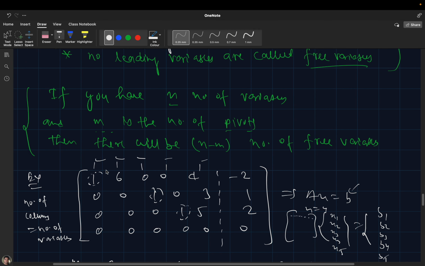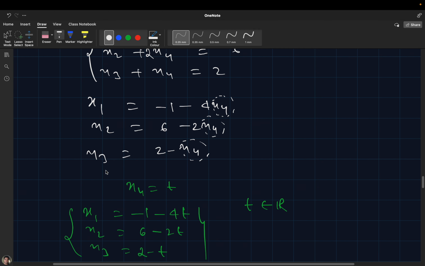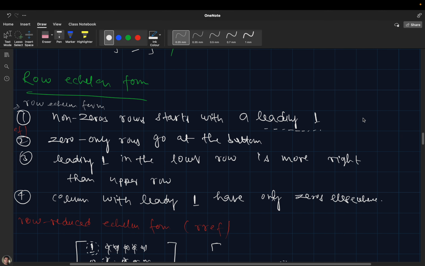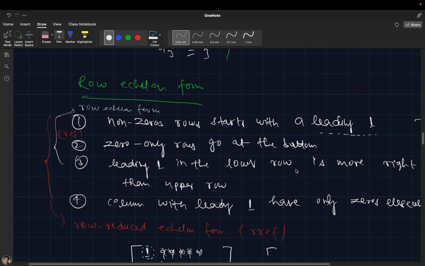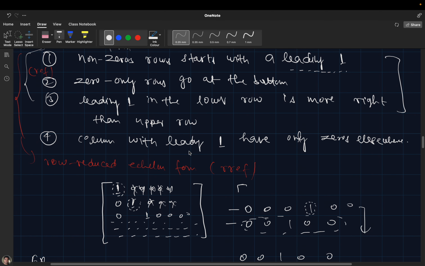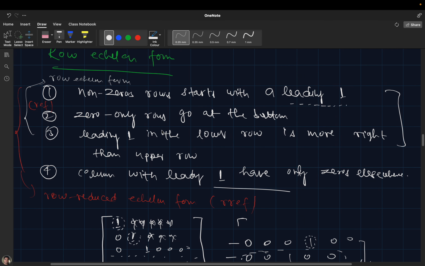But if you are meeting only the first three conditions, then that is called row echelon form, not row reduced. There is only one condition that is different from row echelon form: the other elements in the column of that particular leading one should all be 0.